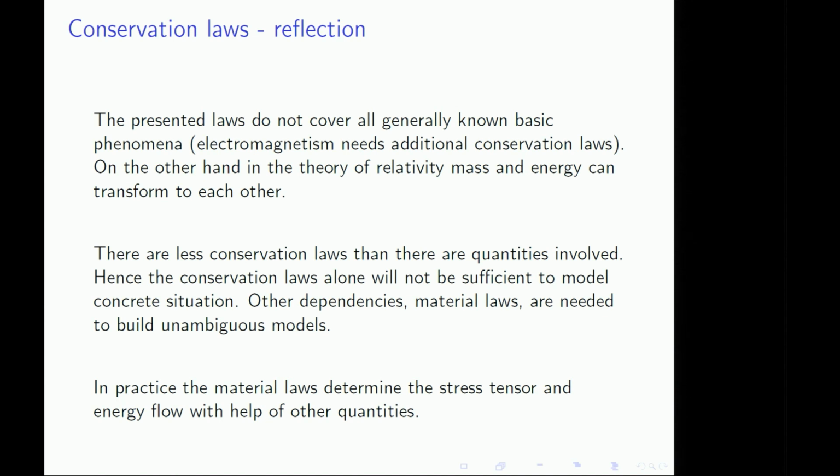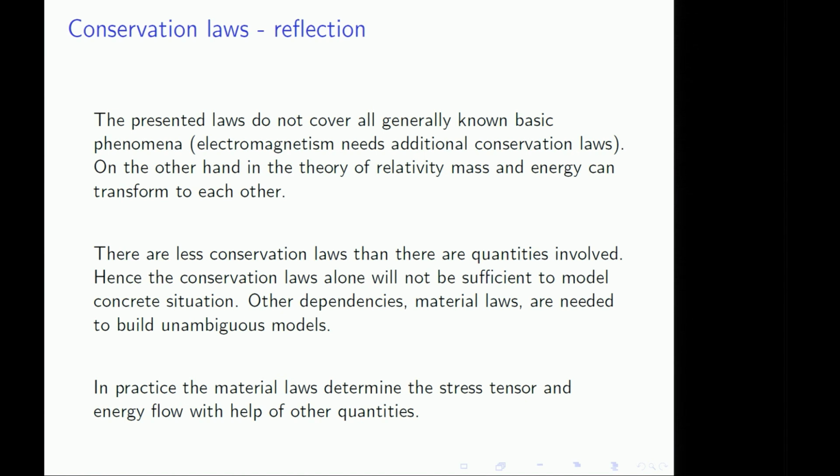Then, as we noted, we have fewer conservation laws than there are quantities in the system. So the conservation laws alone don't explain everything. They don't dictate what is actually happening in the system. For any concrete system, concrete situation, we have to augment the conservation laws by other dependencies, other laws.